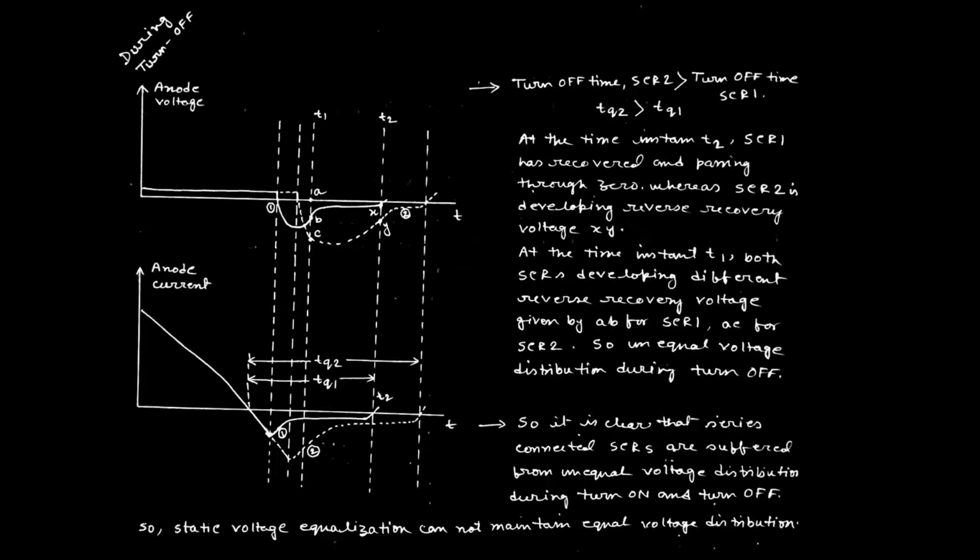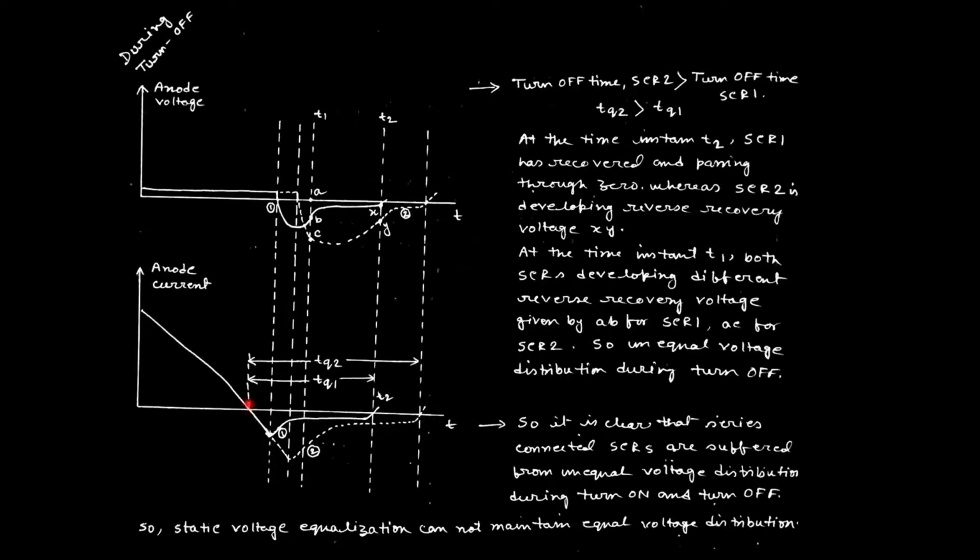We can represent this by the turn off process, which was explained in my previous lecture session. Up to this point, both thyristors are in the conducting state. Still we are reducing the anode current to 0, but there are still moving charges inside, which is why both are conducting.